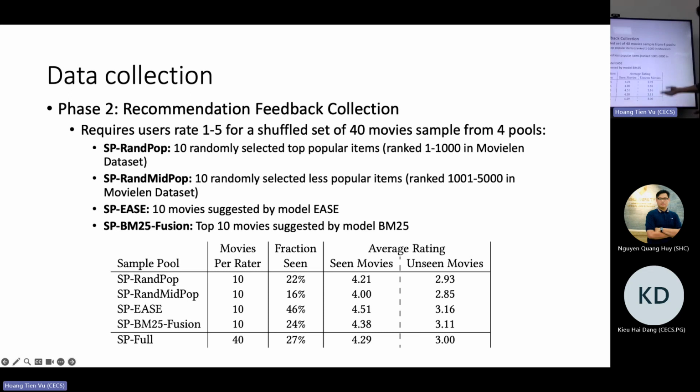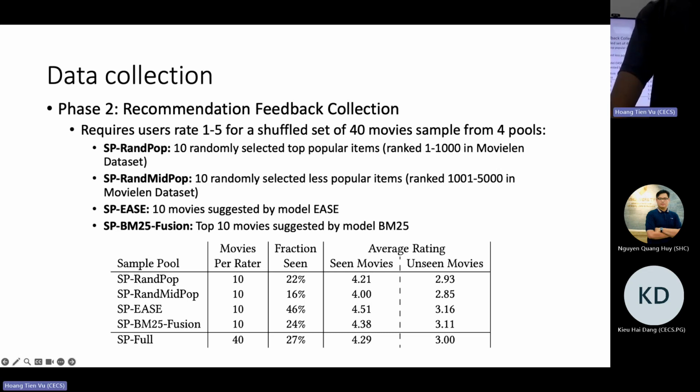Actually, they choose them from four kinds of data sources. I think it's not too important; in this paper they only work with these 40 movies. They ask all participants to rate the 40 movies on a scale of 1 to 5.